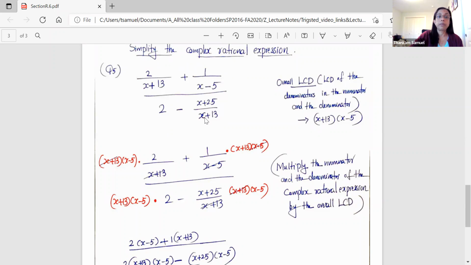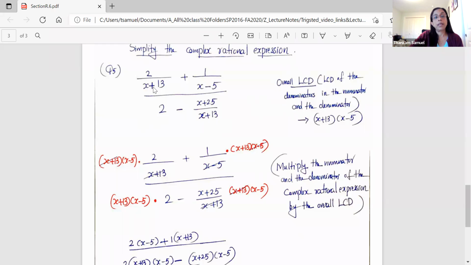The very first step to simplify this is to find the overall LCD. That means the LCD of the denominators in the numerator and also in the denominator.